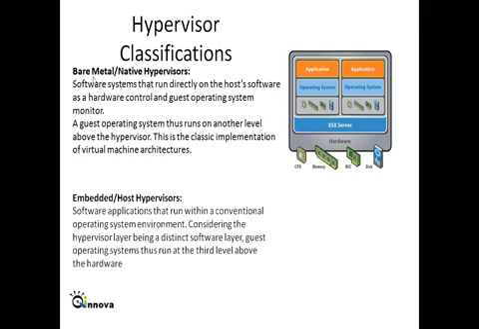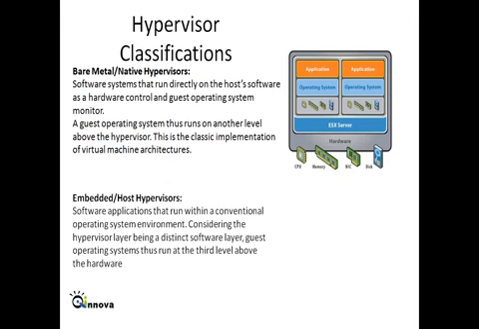We get categories like bare metal hypervisor or hosted hypervisor. A bare metal hypervisor is one we can install on a physical machine without any existing operating system or application.